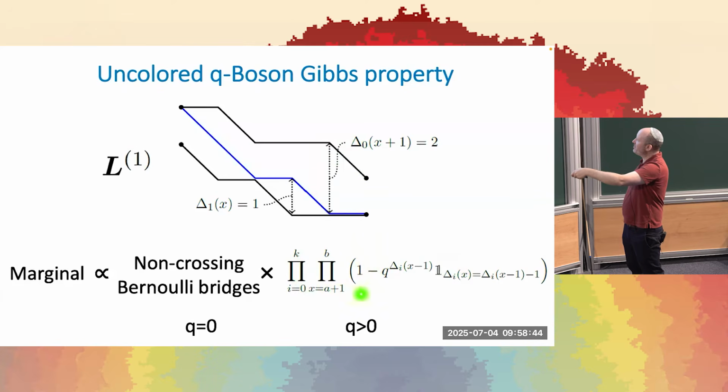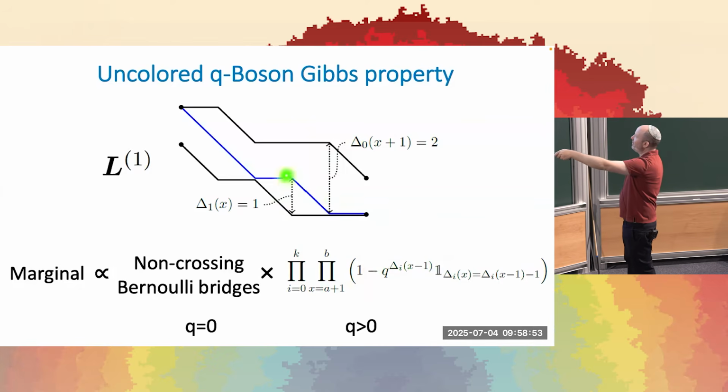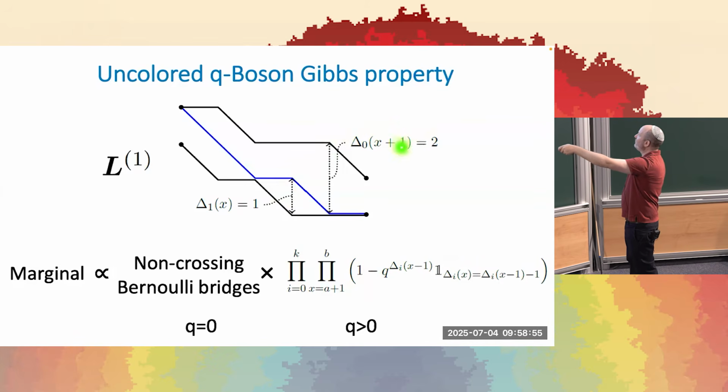Every time you have such a decrease, you get a factor of 1 minus Q to the value before the decrease. So in particular, here you would get a factor of 1 minus Q, and here you'd get a factor of 1 minus Q squared.